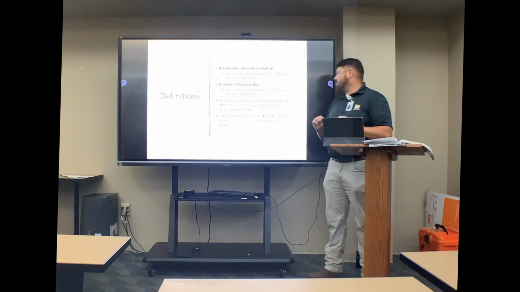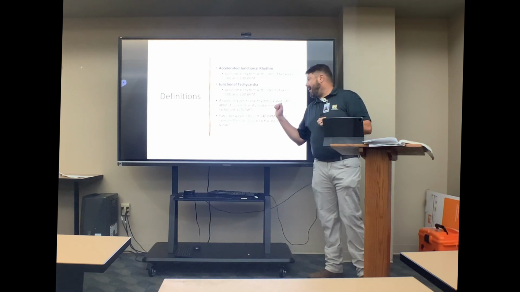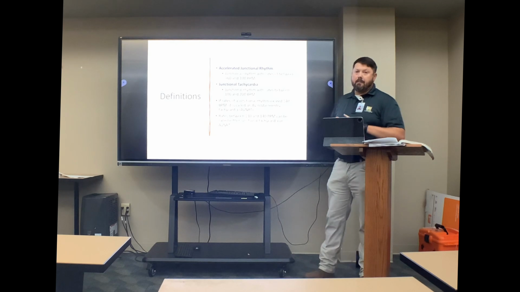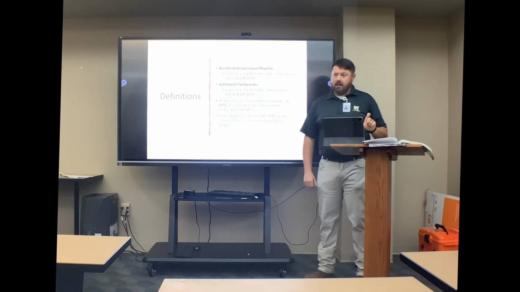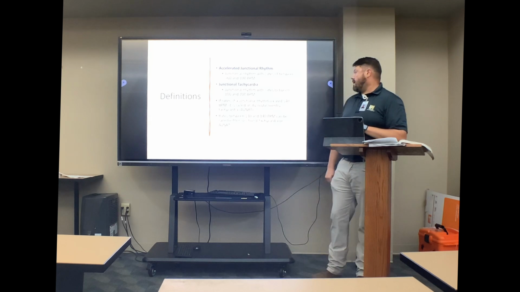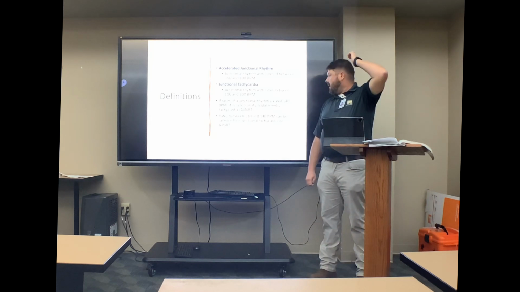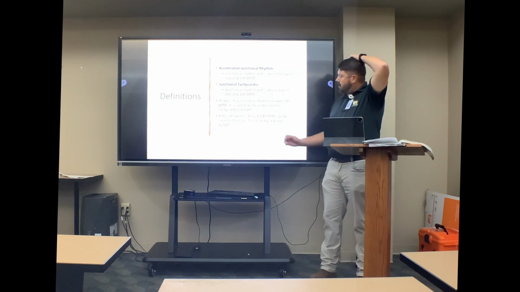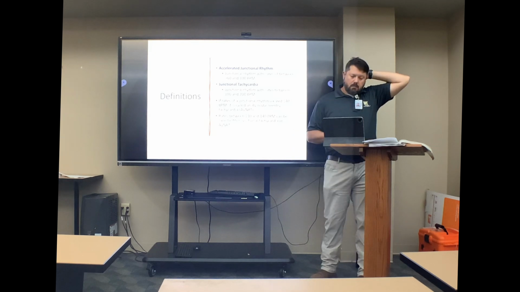If rates of a junctional rhythm exceed 140 beats per minute, it's called an AV nodal reentry tachycardia, which I mentioned briefly last week, and again it's going to look just like an SVT. Rates between 130 to 140 can be called either junctional tachycardia or AV-NRT.